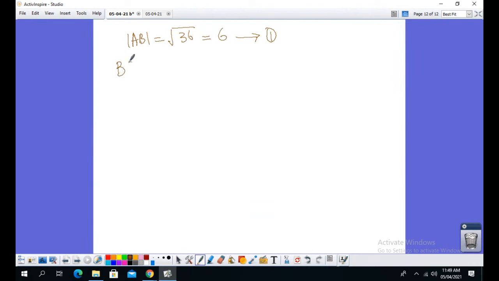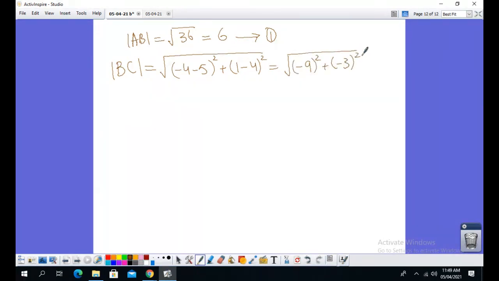Now take the distance between B and C. According to the formula x2 minus x1 plus y2 minus y1, we get minus 9 square and minus 3 square. The square of a negative number always becomes positive.